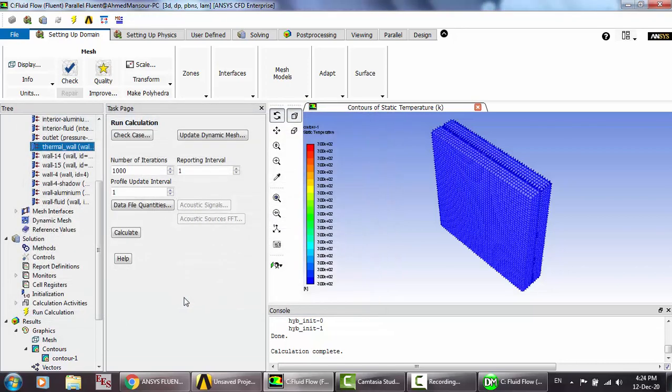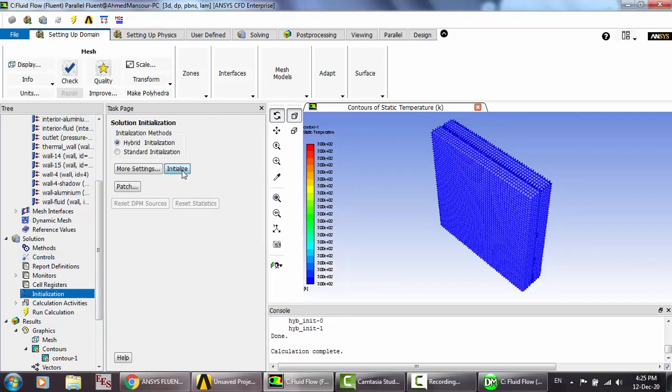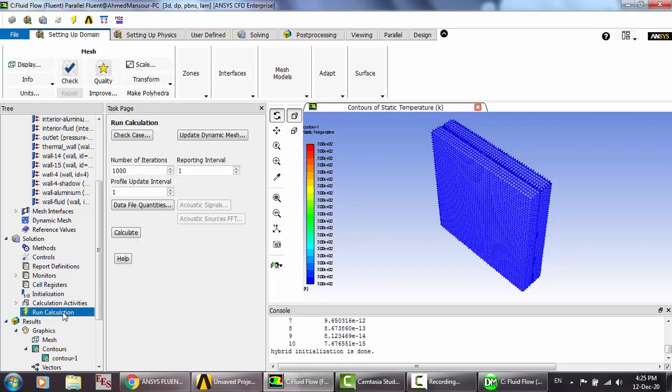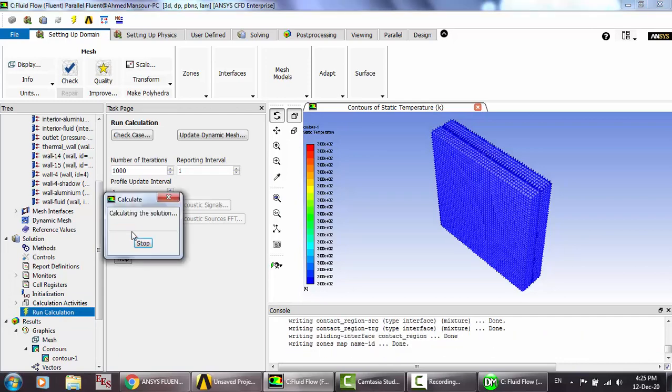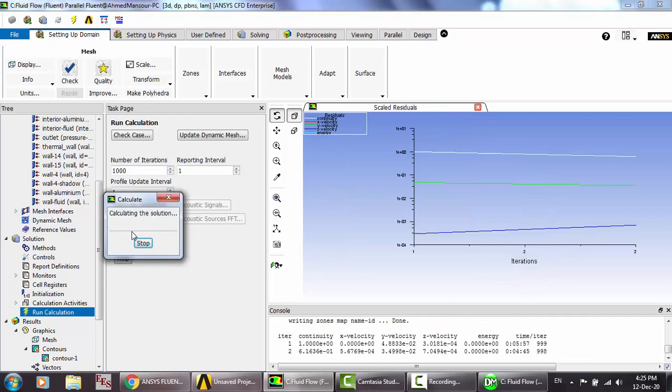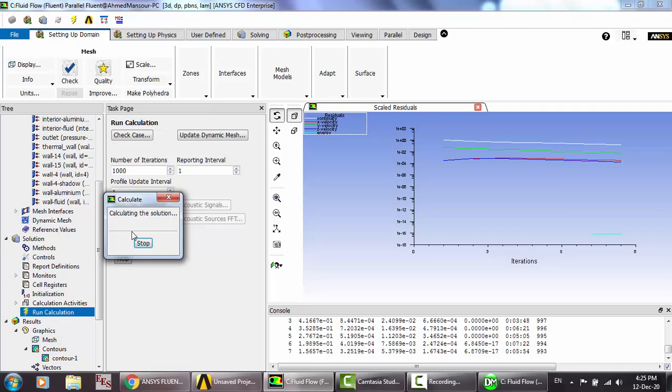It is the same temperature of the air duct. Now initialize. Okay, then run calculation again. Let's see what's going to happen if I increase H, or if I add convection transfer but at the same free stream.